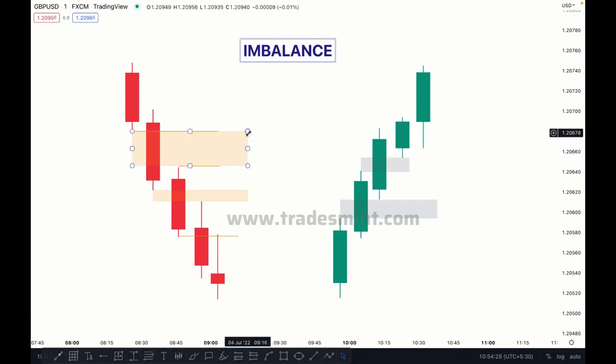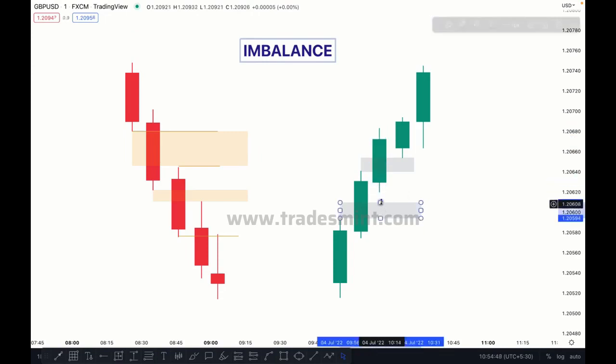Here this is a larger imbalance, this is a minor imbalance, and the same thing is here. This is a medium imbalance, this is a little bit bigger imbalance, and an imbalance can be bigger or smaller, like here I'm showing you exactly, maybe an imbalance like this, right?